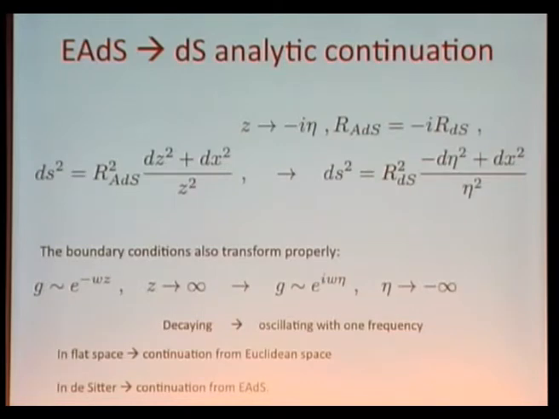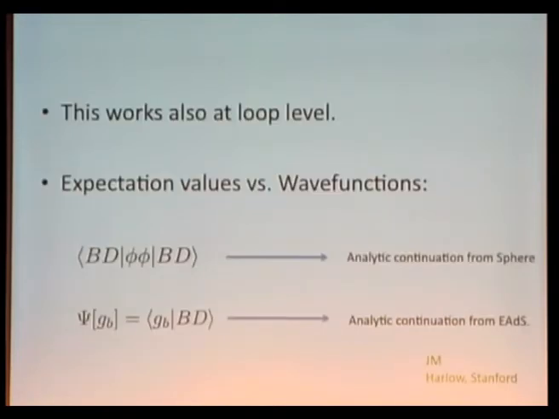And this is, of course, familiar. In flat space, we have the continuation from Lorentzian space to Euclidean space. Here in de Sitter, we have a similar continuation to Euclidean anti-de Sitter. Well, a little more precisely, I should say, you've also heard the statement that the correlation functions in de Sitter are analytic continuations of correlation functions on the sphere.